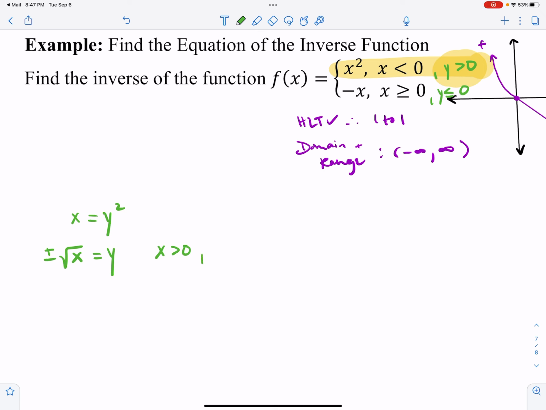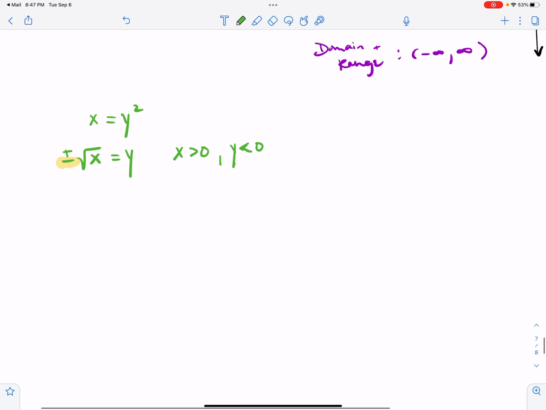And then the range will be y less than 0. That's thinking about the domain of that piece, which is now going to be the range. Well, for y to be less than 0, this is going to have to be the negative square root of x. So that piece will end up being that first piece of f inverse.